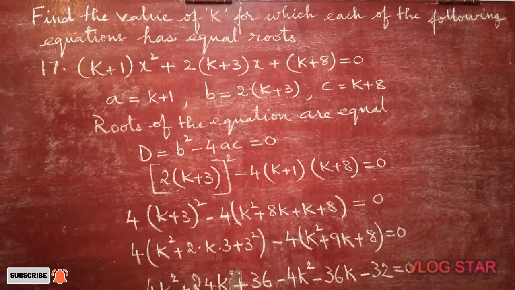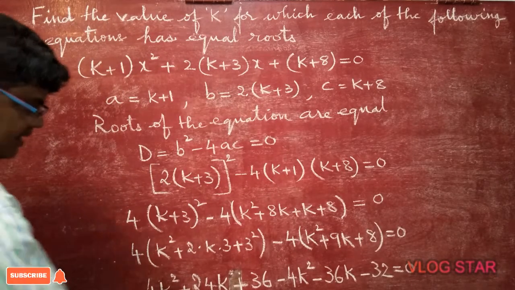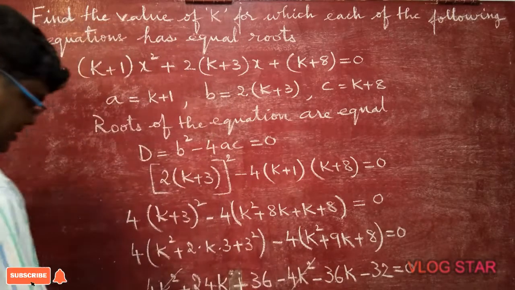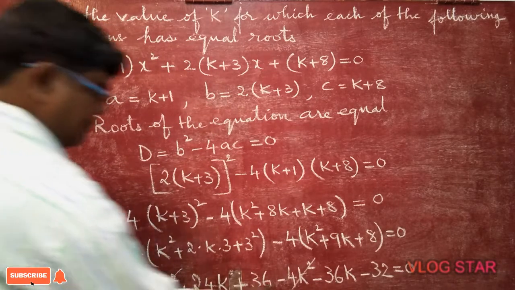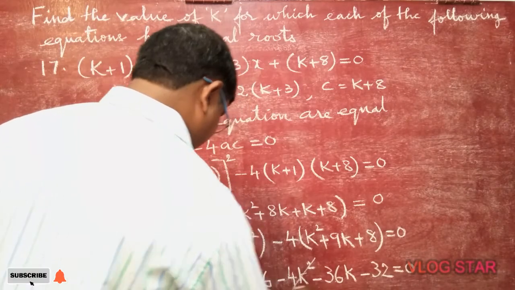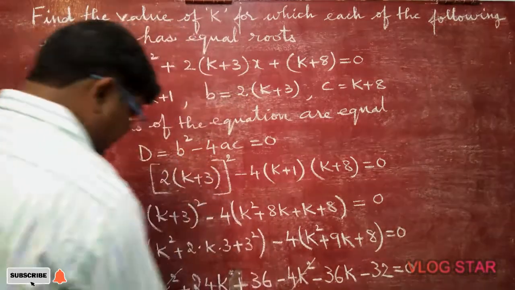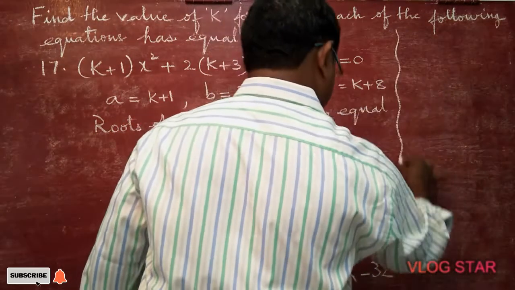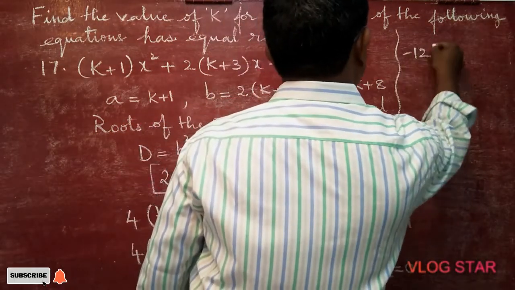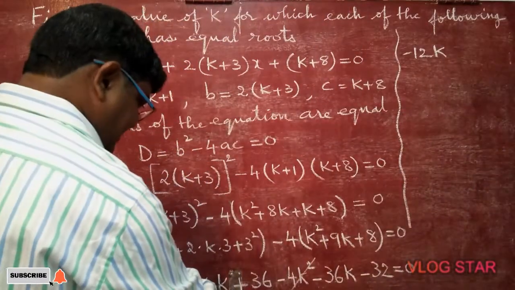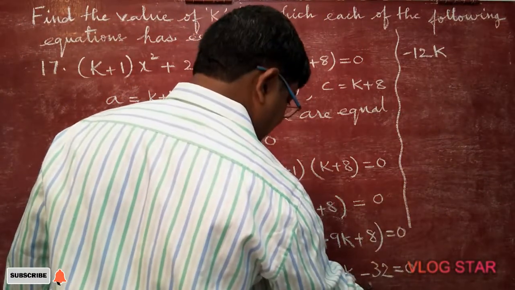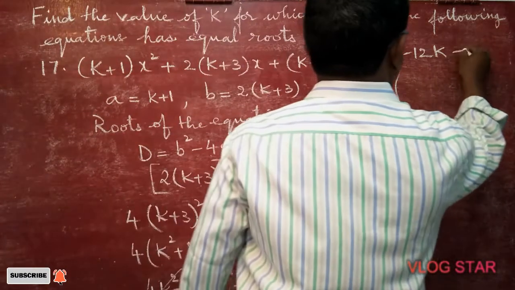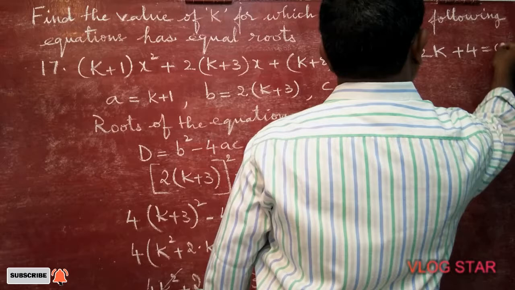Now simplify like terms. Here plus 4k square is there, here minus 4k square is there. Both get cancelled. Next plus 24k minus 36k. Because of opposite signs we subtract, so minus 12k will come. Next here plus 36 minus 32 is plus 4. Plus 4 is equal to 0.